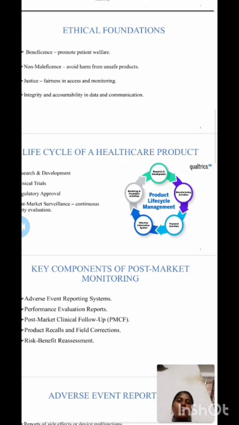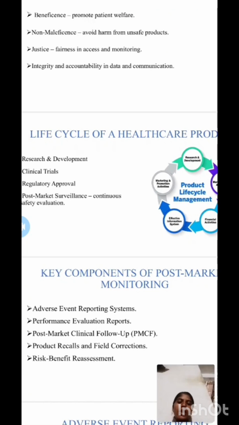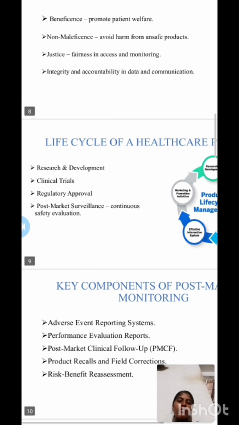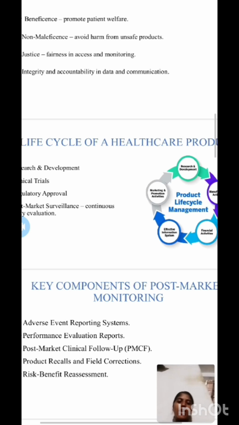Then we move to the life cycle of a healthcare product. These are the four major stages: first research and development, next clinical trials, then regulatory approvals, and post marketing surveillance and safety evaluation.